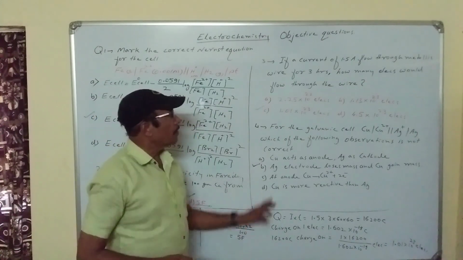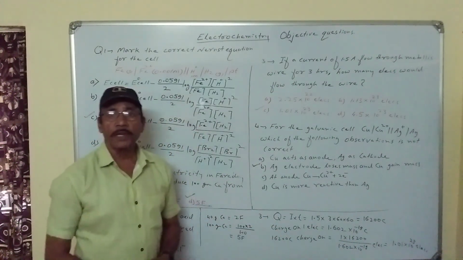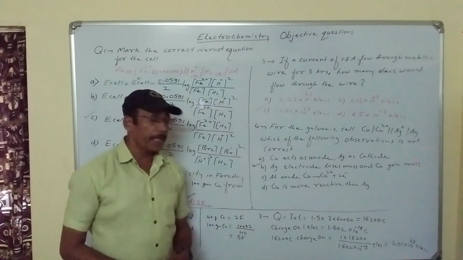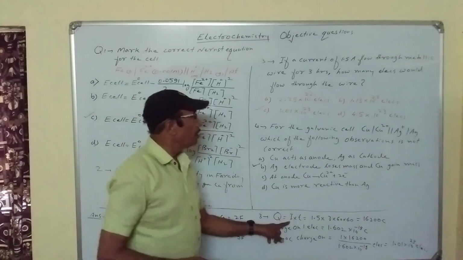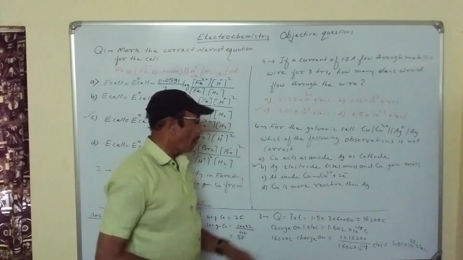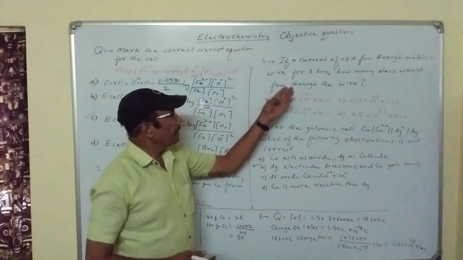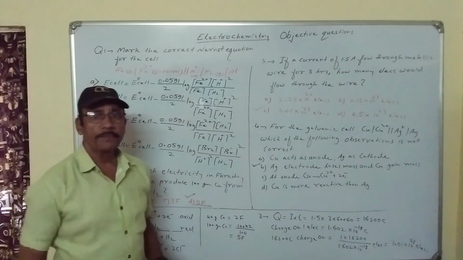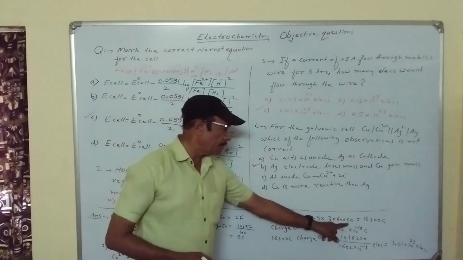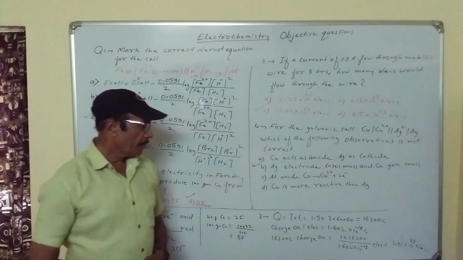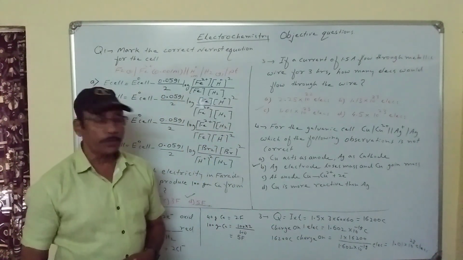The quantity of electricity is given by Q equals I into T, where I is the current in ampere and T is the time in seconds. The value of I is 1.5, and the time is given in hours, so we change hours into seconds: 3 multiplied by 60 multiplied by 60. When we solve it, the value is 16200 coulomb.